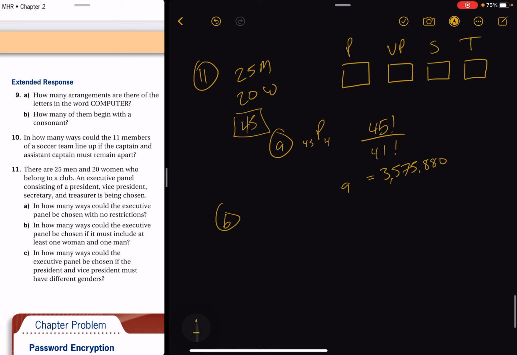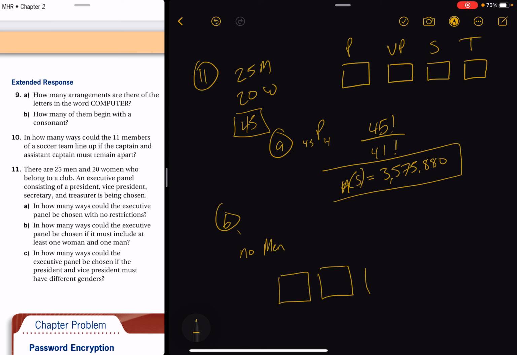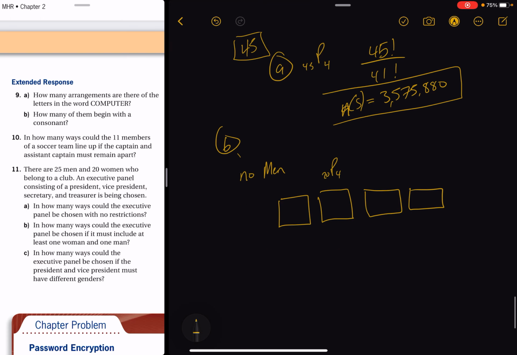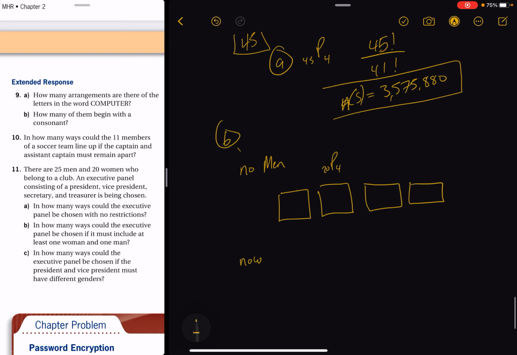So this is the total number of ways, right? And I'll call this NS. So how many ways if there's no men? Well, if there's no men, and they're all women, we're using all women. There's 20. The answer is 20 choose 4. And if there's no woman, well, there's 25 men.